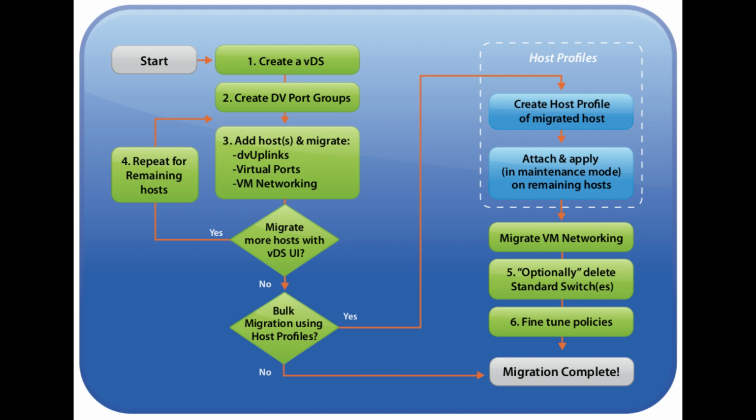In this step, you need to specify all the required VLANs for the virtual networking. Then you can add your host to the VDS. First, DV uplink mapping, then assigning VMkernel ports, and at last the virtual machine network interface connections to the appropriate port groups.